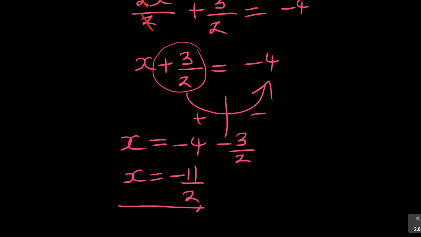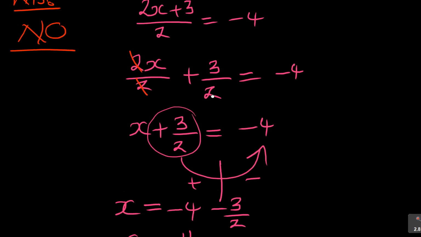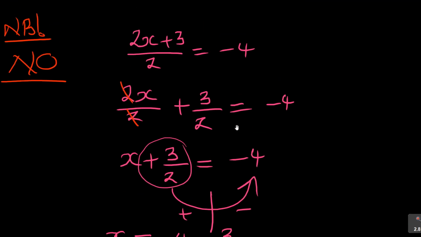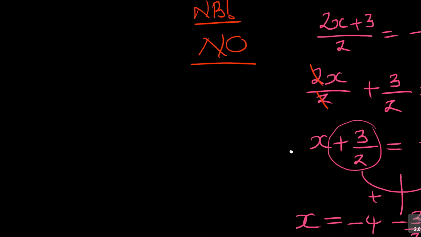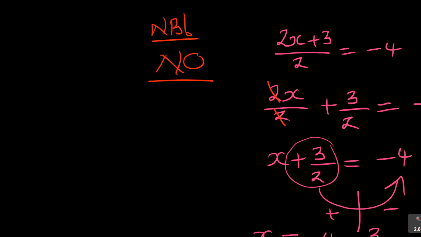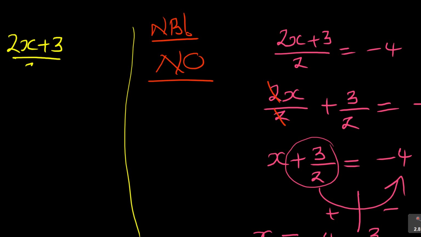You can test it. I'm not going to test it, but I'll test it with the second method to see if it's the same. So this is the way you could have done it. Or this is how I was approaching this problem. 2x plus 3 over 2 is equal to minus 4, right?